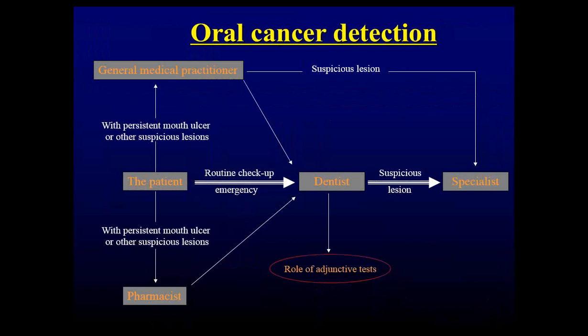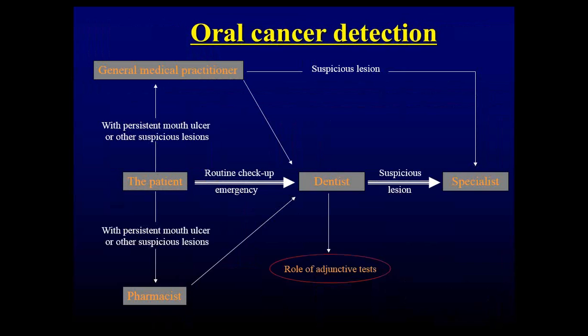In this diagram, you can see the flow chart of what happens if a patient has a suspicious lesion in the oral cavity or an ulcer which has been present for more than 2 weeks. The patient goes for a routine or emergency checkup to a dentist, and if the dentist performs a proper systematic oral examination and is well skilled and well trained, he would be able to identify that lesion and perform a biopsy.